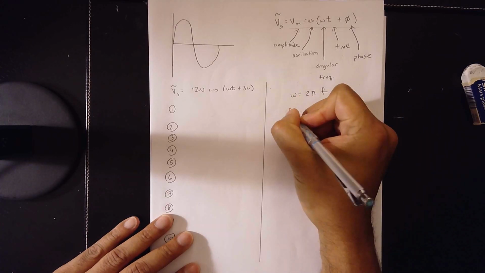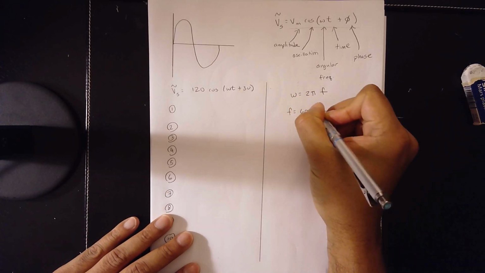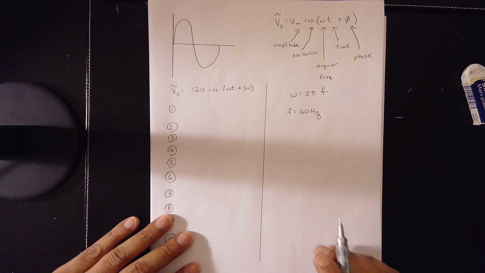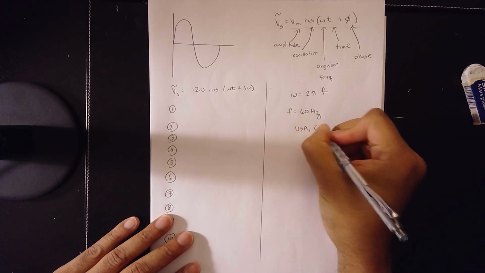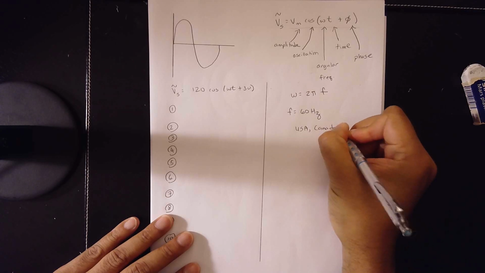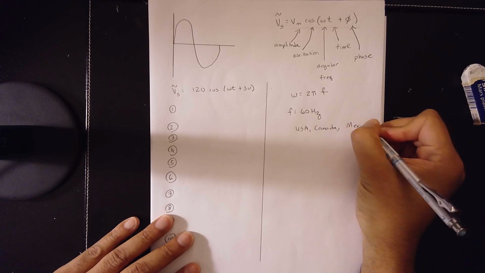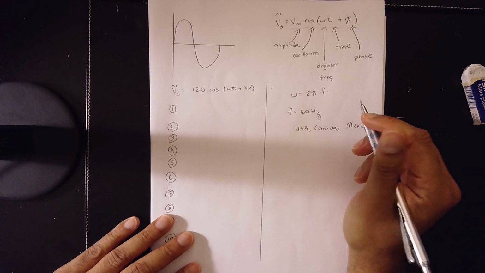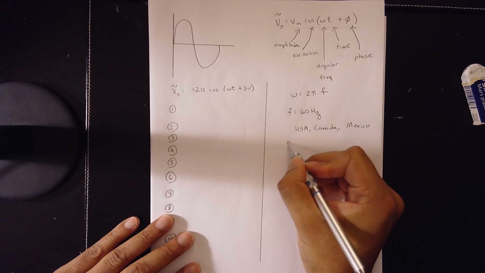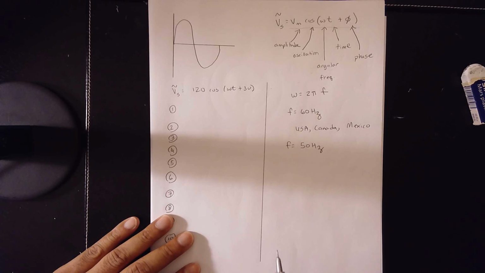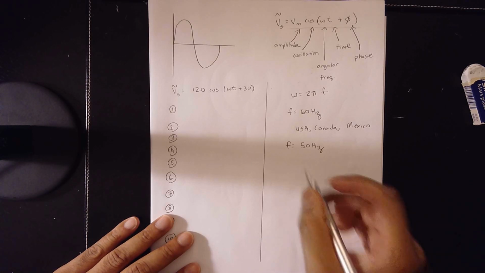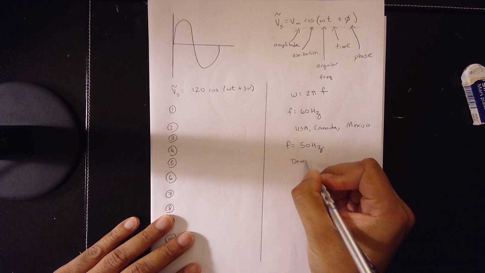Your f in the United States is 60 hertz, and this is true for the USA, Canada, and Mexico. In other countries, it's 50 hertz.